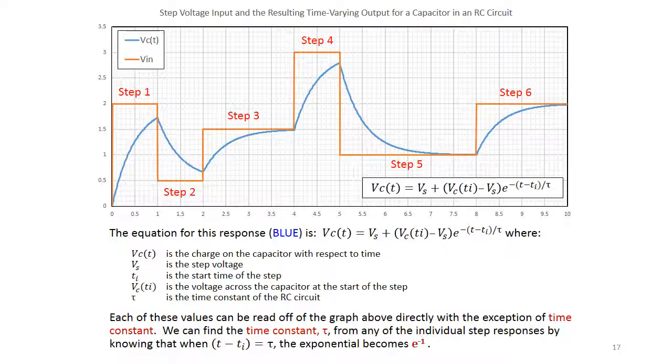We can find the time constant from any of the individual step responses by knowing that t minus ti equals tau, because the exponential becomes e to the minus 1. That is the easiest way that we can pull back data from the input versus the output. And again, the output is the voltage measured across the capacitor. This is showing how you get the equation from that input-output and the smoothing there.